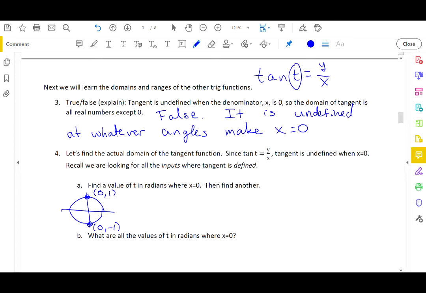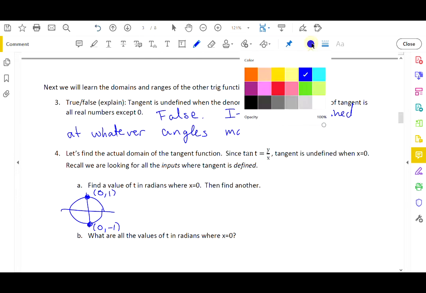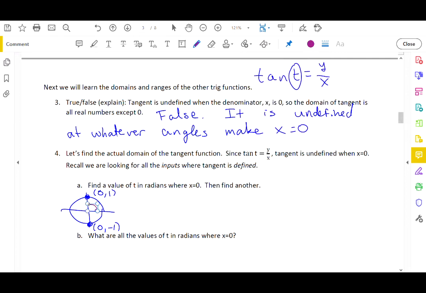Notice they're on the y-axis. So we want to find the angle measures that give us that. Here's one angle measure, and here's another. That would be pi over 2 and negative pi over 2.